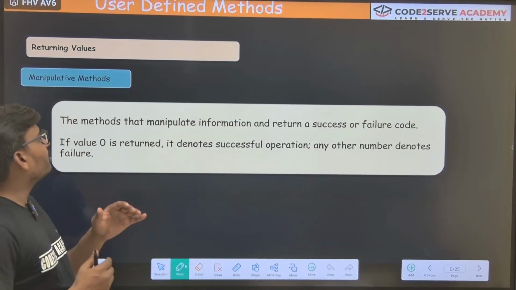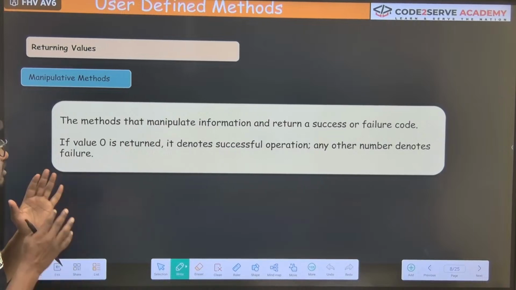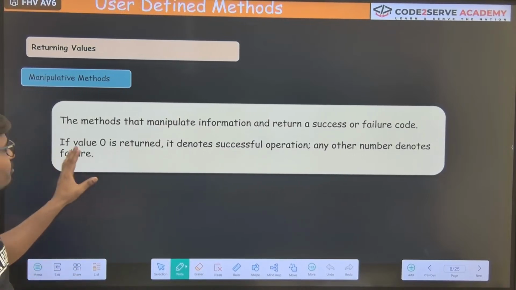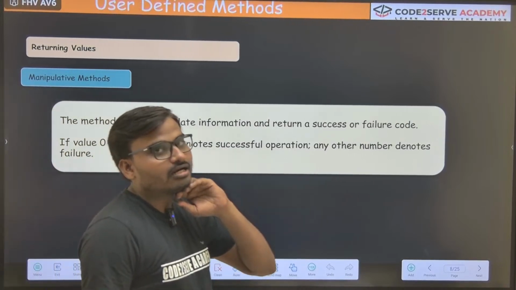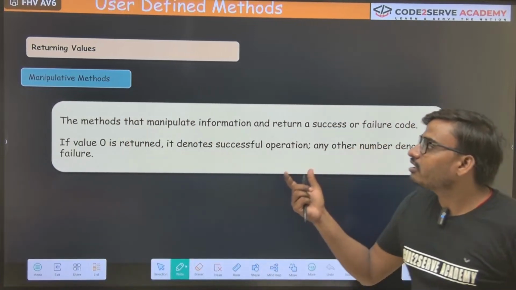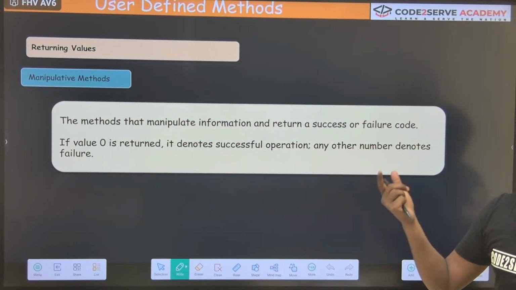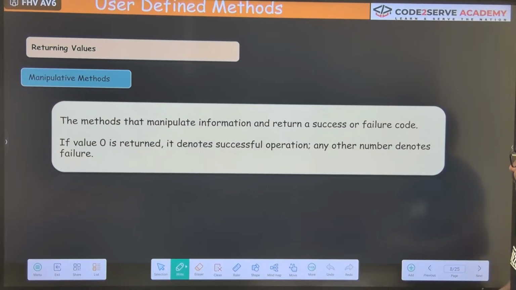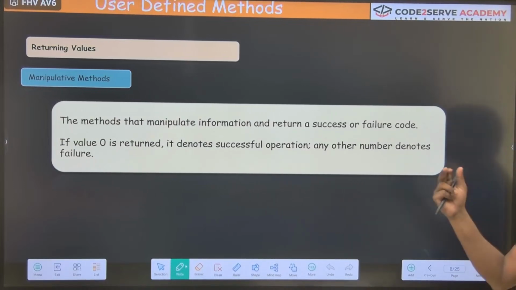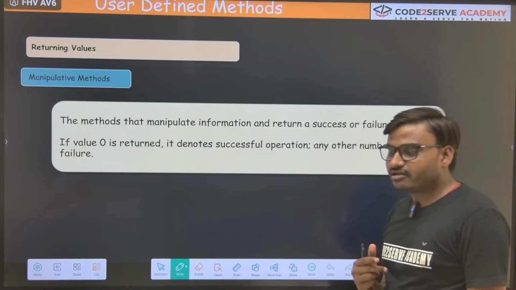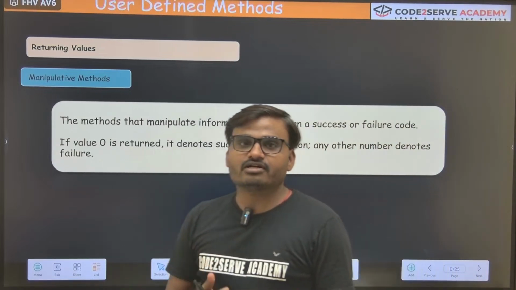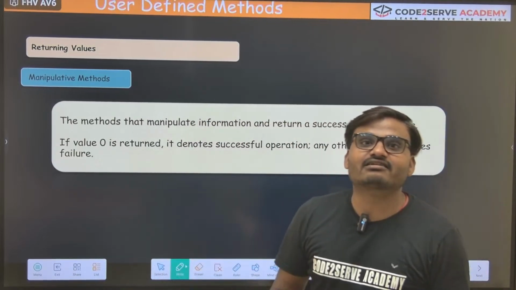So when you do some computation or manipulation inside that method, and you return some value based on that, that type of method is called a manipulative method. Generally, there might be some programs where if we return 0, that is considered as success.